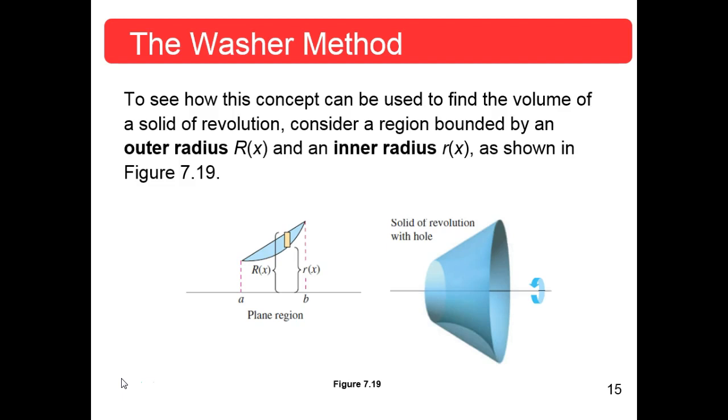To see how this concept can be used to find the volume of a solid of revolution, consider the region bounded by an outer radius big R of x and inner radius little r of x, shown here. Here is your outer radius, the capital R. Here you have your inner radius, little r, and these are both functions of x.